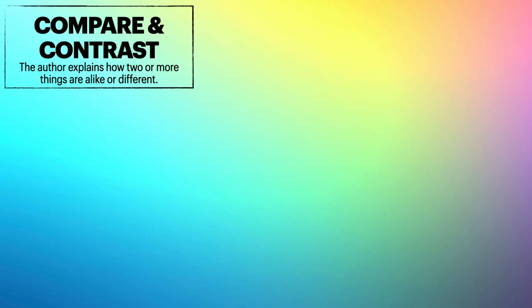In the compare and contrast text structure, the author explains how two or more things are alike or different.